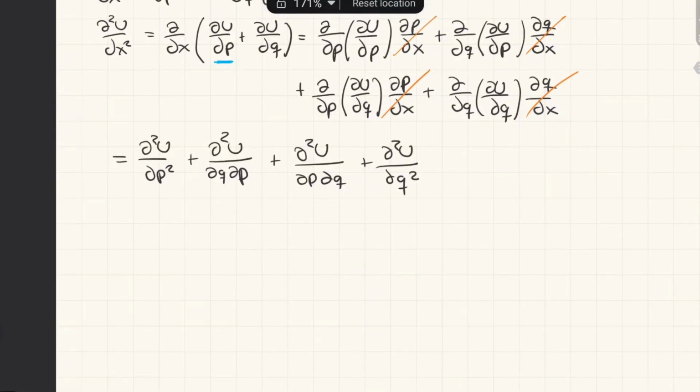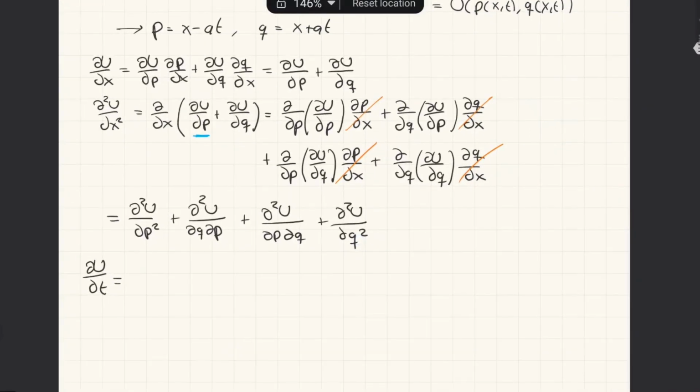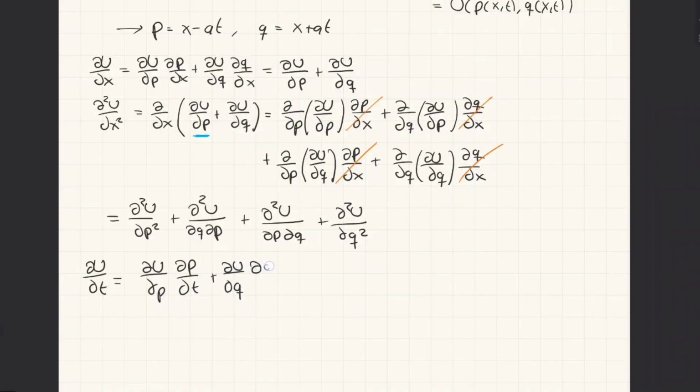So now we need to calculate the second derivative of u with respect to time, right? The derivative of u with respect to time is going to be the derivative of u with respect to p times the derivative of p with respect to time, plus the derivative of u with respect to q times the derivative of q with respect to time.